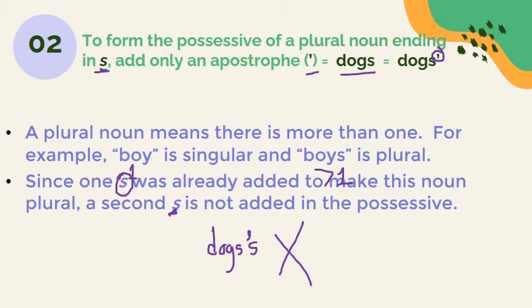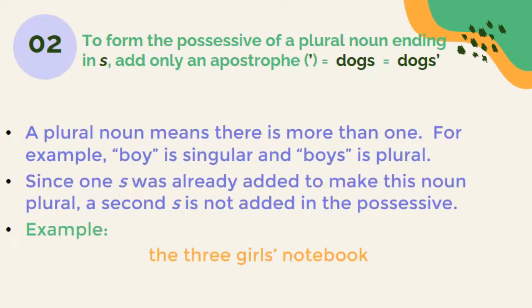We do not do that. For example, if I have the girls' notebook, the 3 girls' notebook, I'm talking about the 3 girls. Girls here is plural, so I only added the apostrophe after the s.